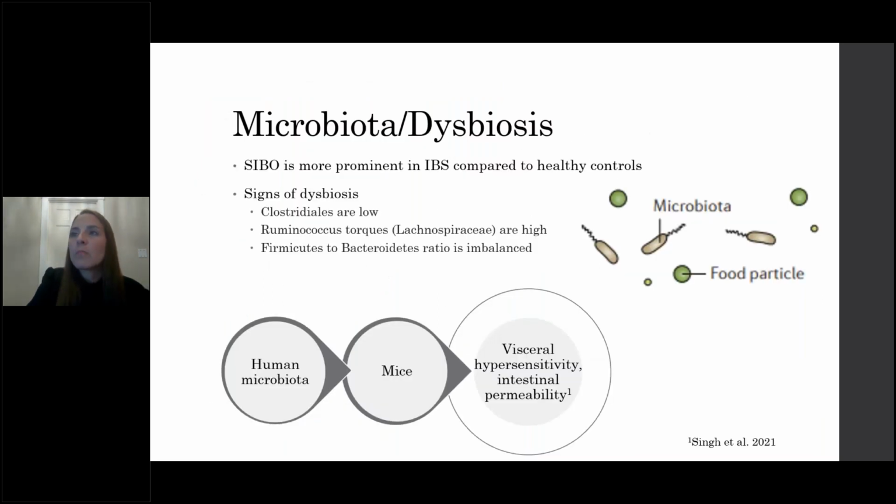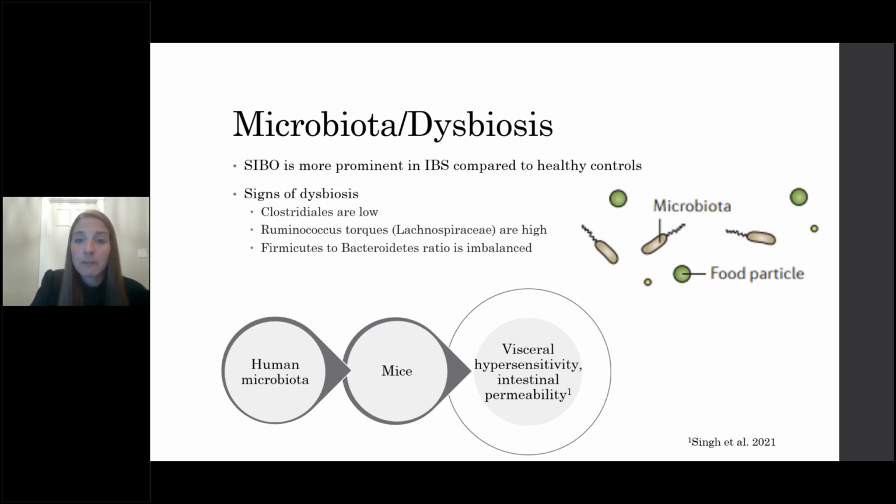All right. So what else about the microbiota and this dysbiosis or this imbalance? When you look at studies in IBS that are also trying to quantify if SIBO is present and looking at the types of microbes, it does seem that SIBO is more prominent in those with IBS compared to healthy controls, and that we see lots of different signs of dysbiosis.